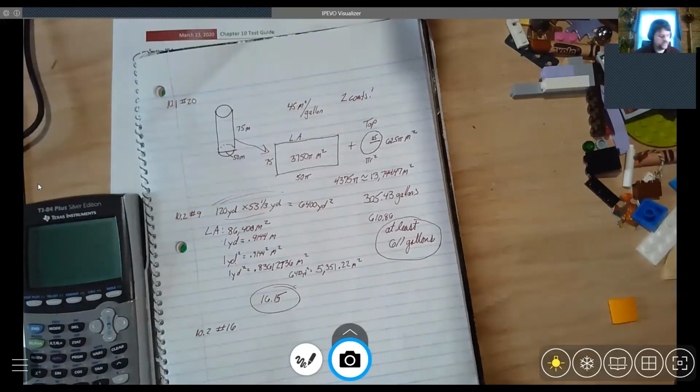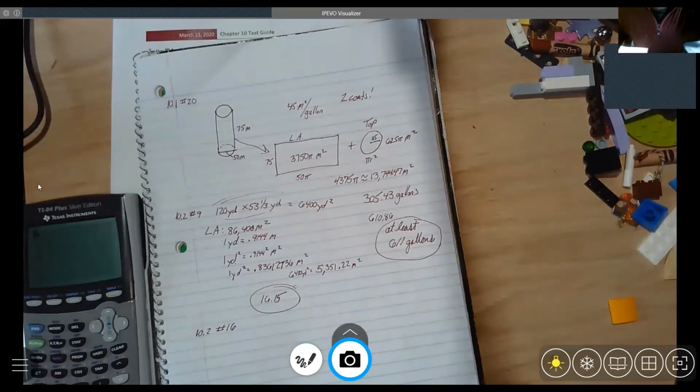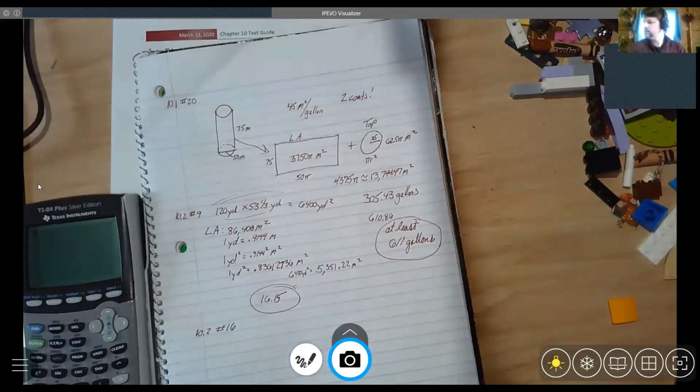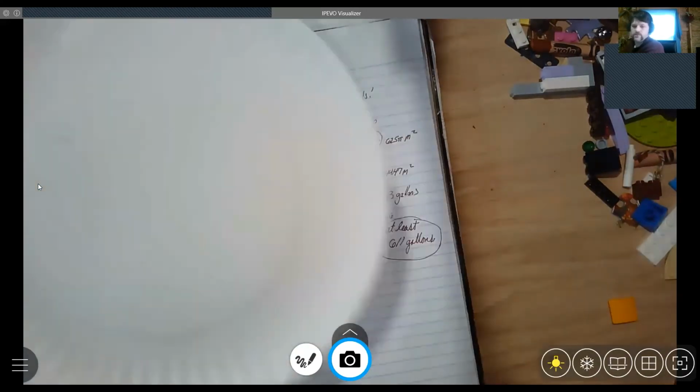All right, number 16. In this one, it says a 90-degree sector is cut from a circle with a radius of 18. Sorry, I was looking for my cone net. I have to make a new one. So we're just going to pretend here's my circle.